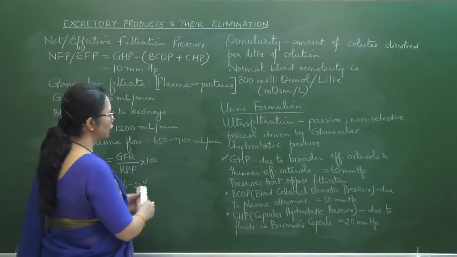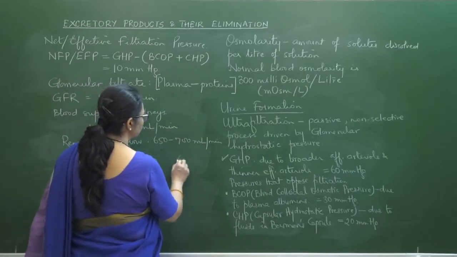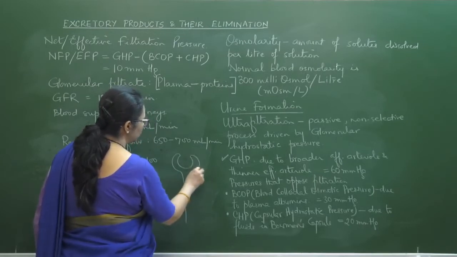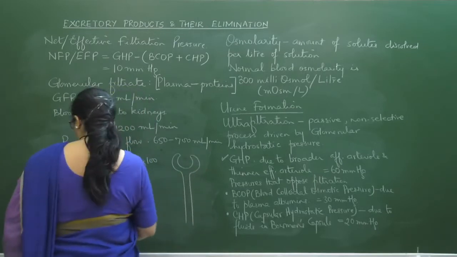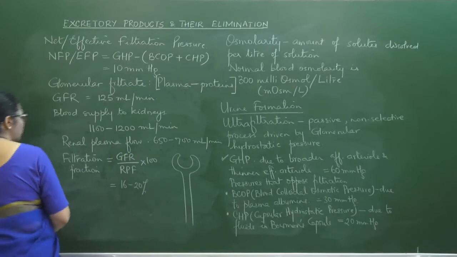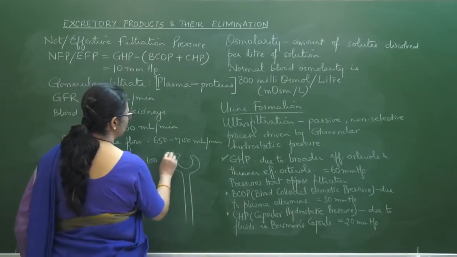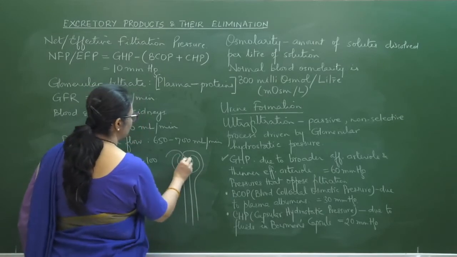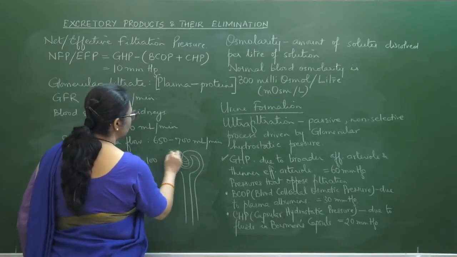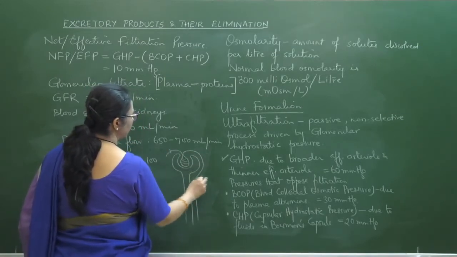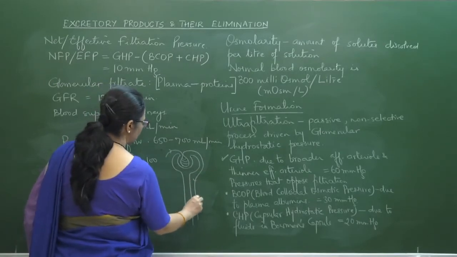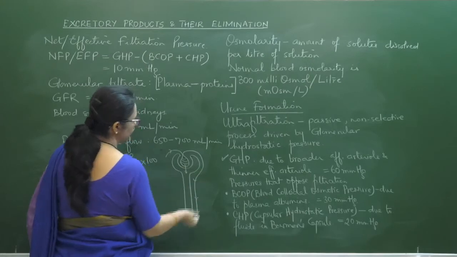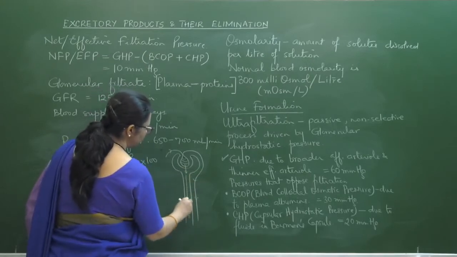I'll give you a simple form, suppose this is the entire renal tubule, just simply we are making it, and the blood goes here, goes into the glomerulus, then here it is coming out. And from here the glomerular filtrate which has formed is passing through the nephric tubule.